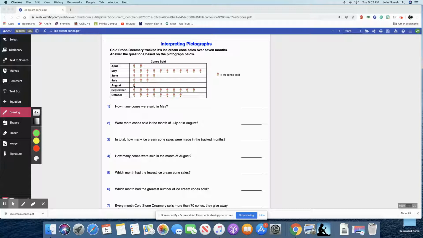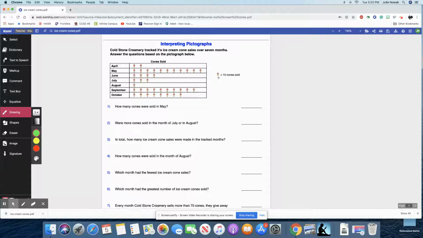One of the things I like to do when I am using a pictograph is I'm going to go ahead and say how many this is worth and write it in, just so I don't have to add up every time I have a question. So in this case, I have 2 ice cream cones.